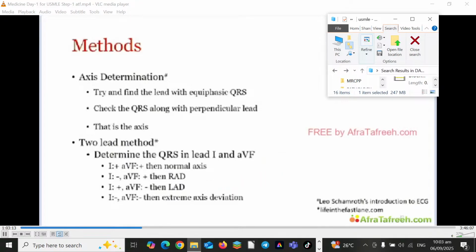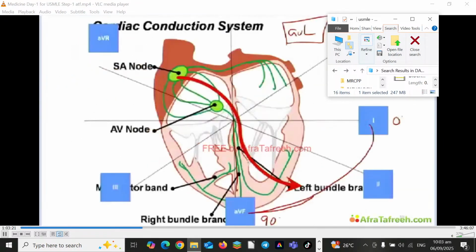Now that you've understood what is happening and how it is happening, I will help you realize how we are going to diagnose such conditions. We'll have a very simple way of diagnosing EKG axis. I don't want you to memorize it. I want you to understand what we are trying to do.